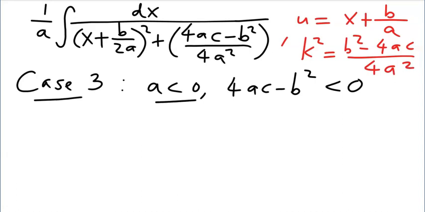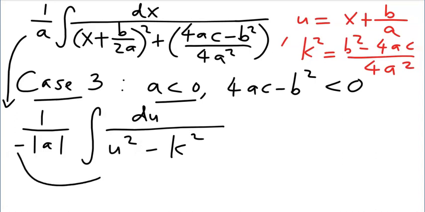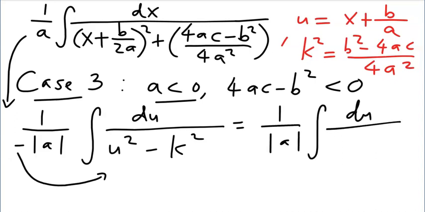Since for this case a is negative, I'm going to write 1 over a as quite simply 1 over minus magnitude of a, du over u squared minus k squared. Now bringing the negative inside the integral sign, you will get 1 over magnitude of a, du over k squared minus u squared.